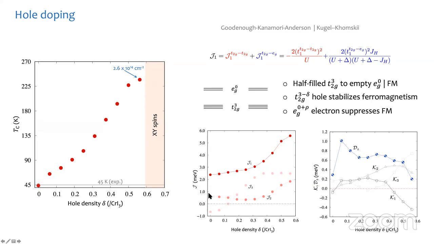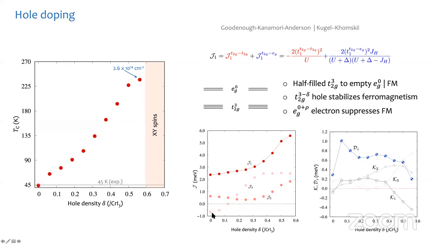Then when we dig a little deeper, we see that as we increase the hole density, your J1, J2, J3 have strong variations, and you couldn't have done this with only J1. Another important thing is that the anisotropic exchange interaction also varies very strongly with the hole density.